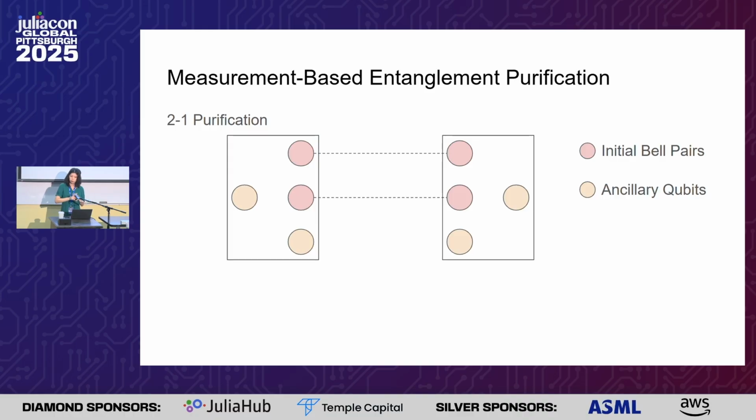To do measurement-based purification, we do need extra qubits. So we need 2 extra on each side. So each register would have at least 4 slots.